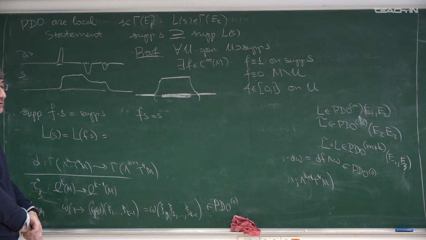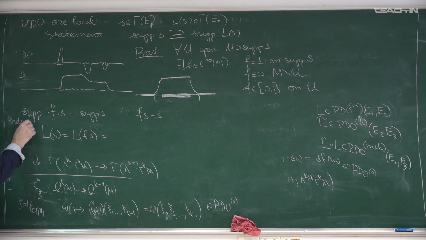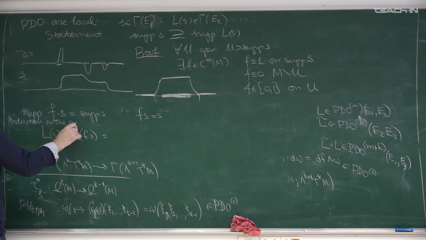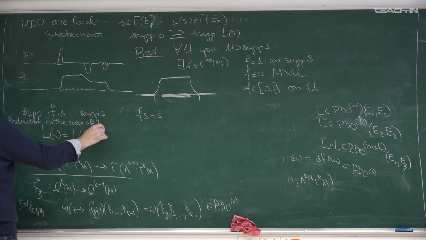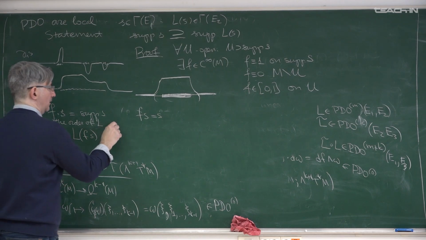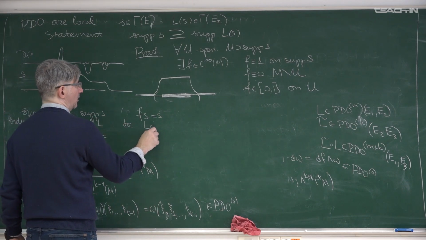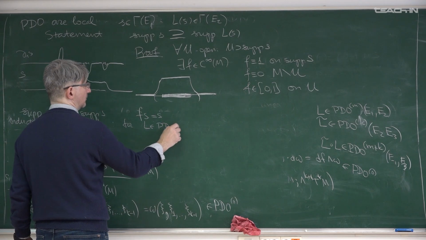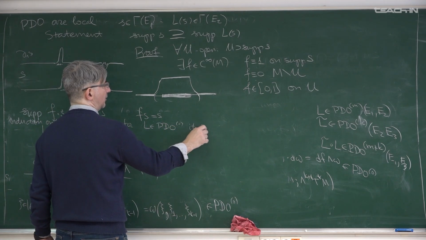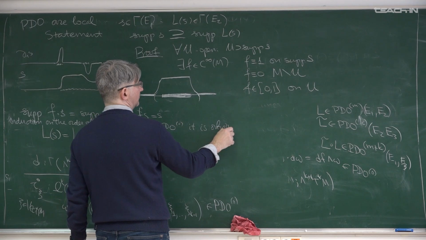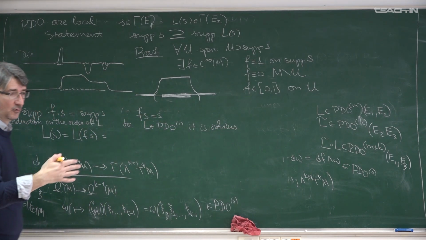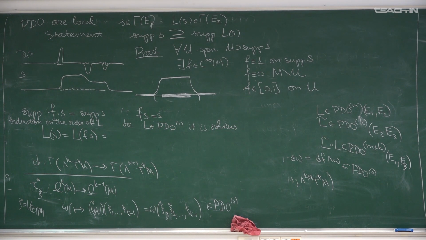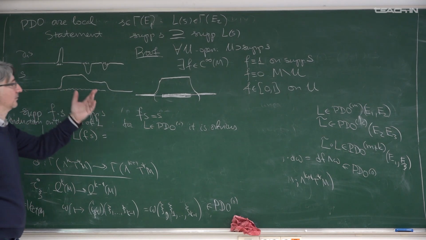By induction on the order of L. For L of order 0, it is obvious, because if our operator is just a linear map over functions, then obviously the support is the same.